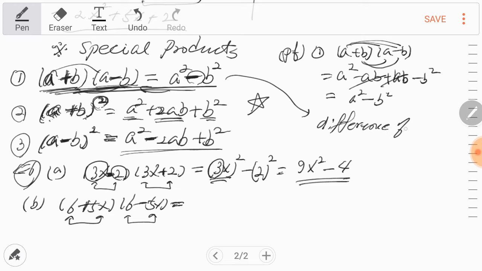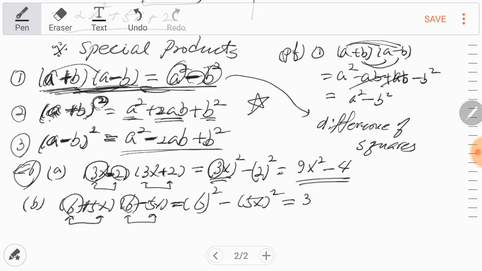Difference of squares means subtraction of two squares, a squared and b squared. So we square the first term minus square the second term: 36 minus 25x squared.